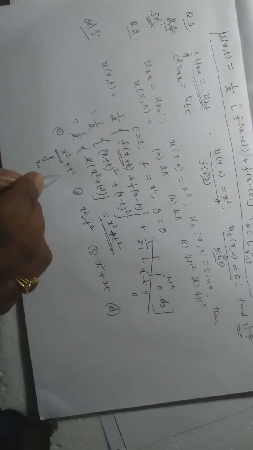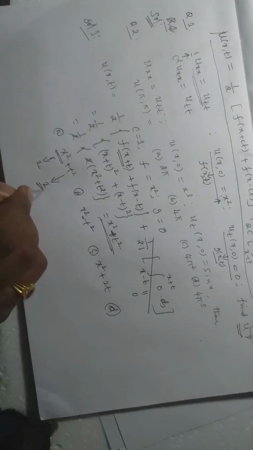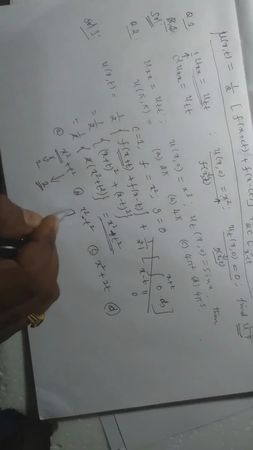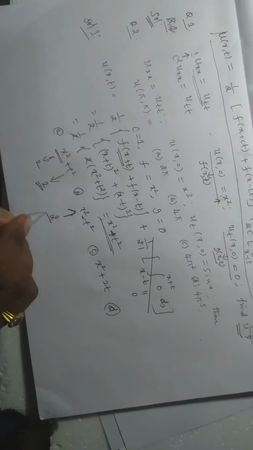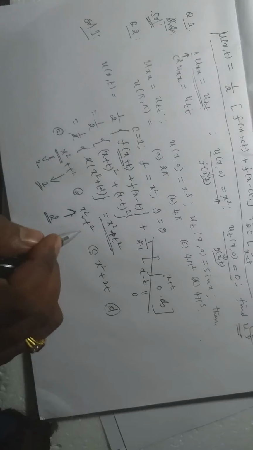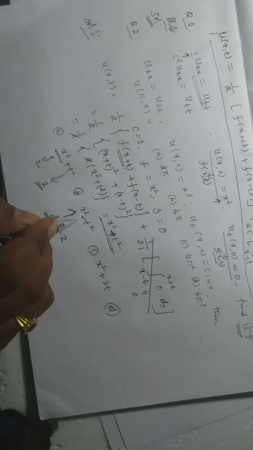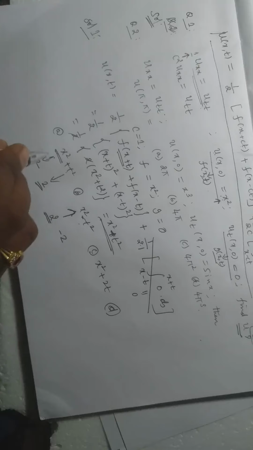And if I differentiate this with respect to t twice, I will get 2 here. If the answer is given as x squared minus t squared, if I differentiate with respect to x, I will get 2, and with respect to t, I will get minus 2. So you can omit it in that sense also.